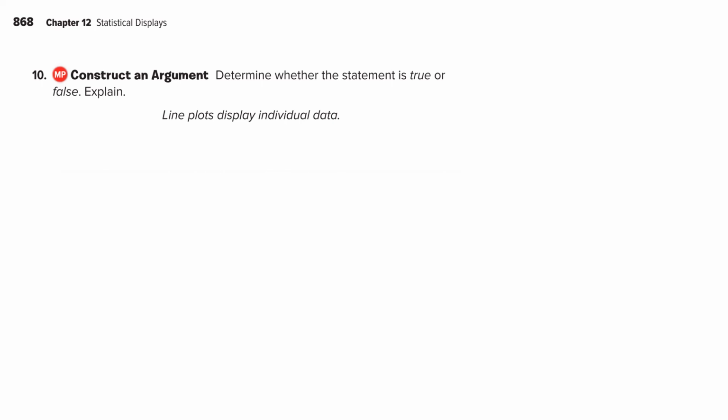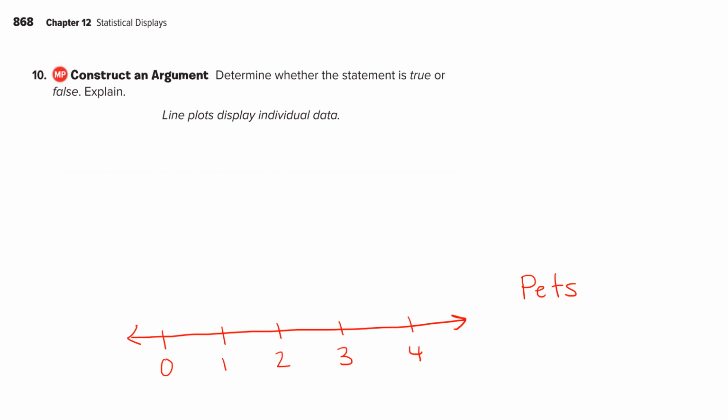Question 10, construct an argument. Determine whether the statement is true or false. Explain. Line plots display individual data. Well, let's take a look again at a line plot so we can construct an argument. So here we have, let's say, pets in a home. 0, 1, 2, 3, 4.